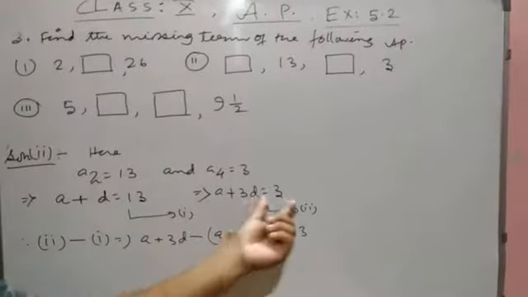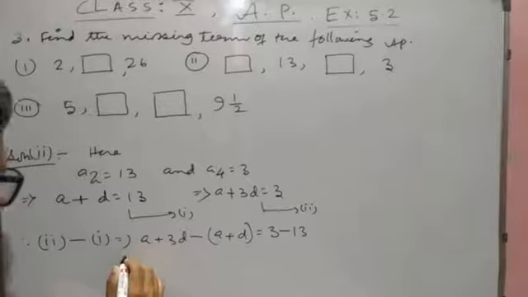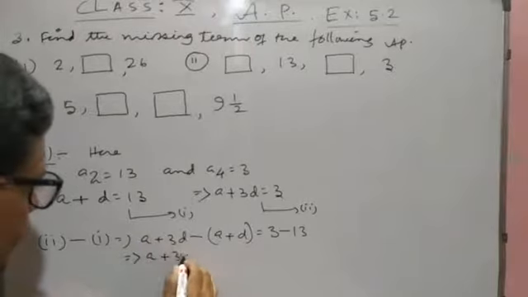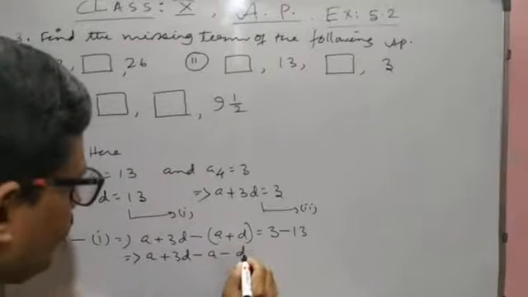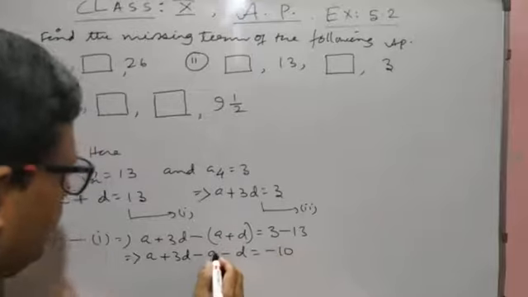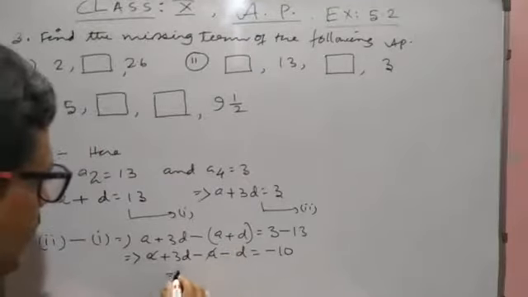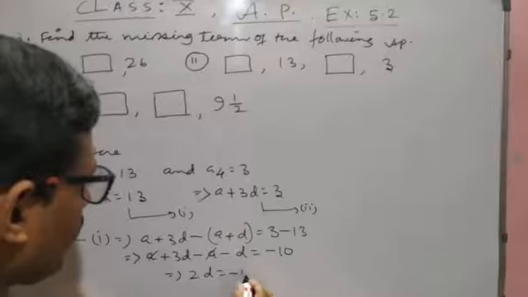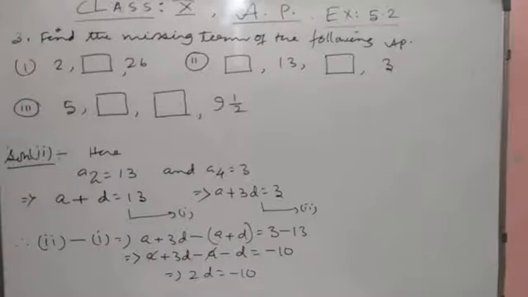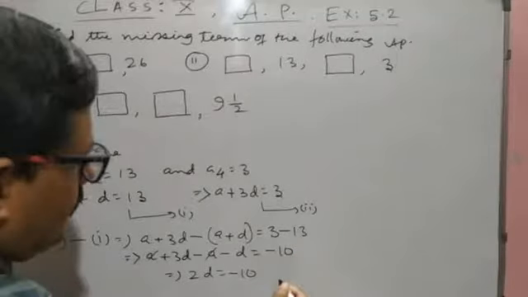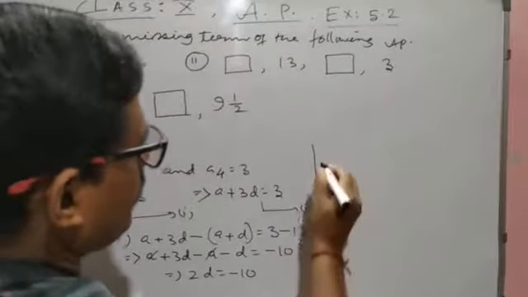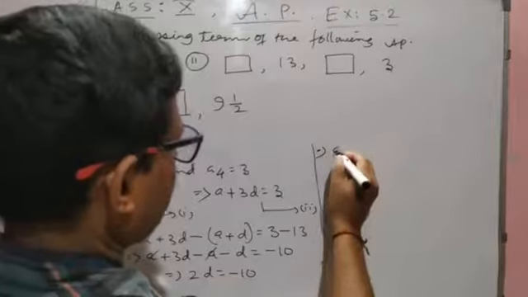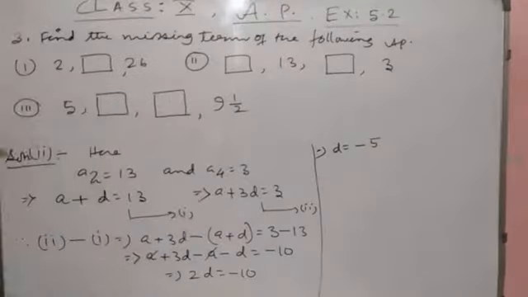This minus this and this minus this. So it will be a plus 3d minus a minus d equal to minus 10. This and this cancel. 2d equal to minus 10. This implies that d equal to minus 5.